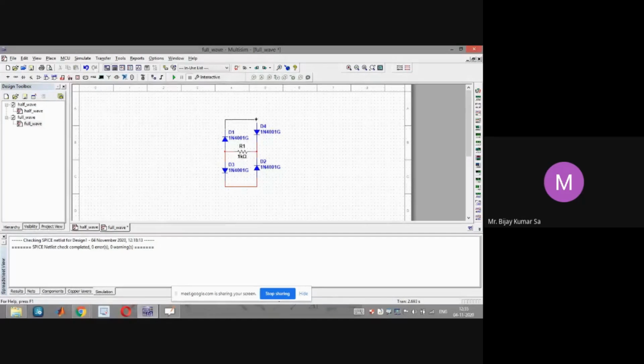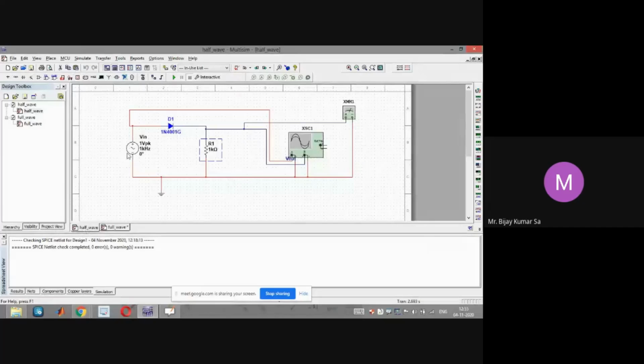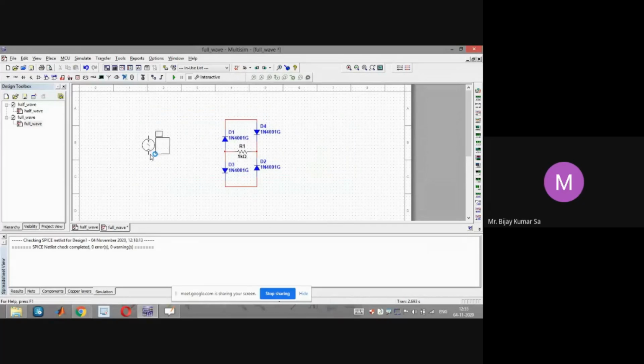So does this look like a bridge configuration? So I'll get a source also. Control C, Control V.